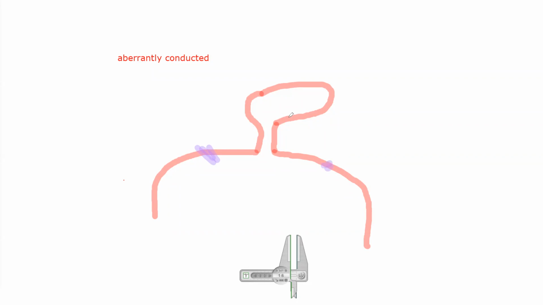This blockage will result in an abnormal conduction into the ventricle. So it would go this way without the impulse going to the other side. Aberrant means abnormal. So the conduction to the ventricles is going to be abnormal. That is what aberration is, or what is known as aberrantly conducted beats.